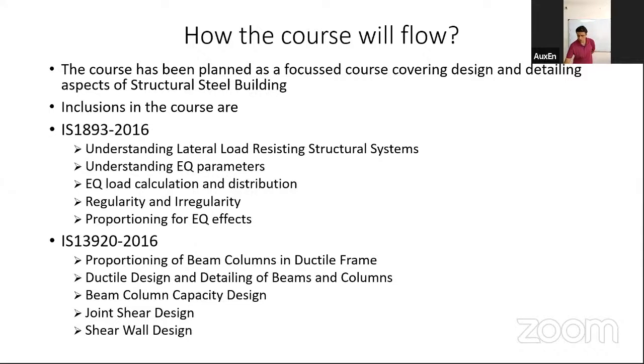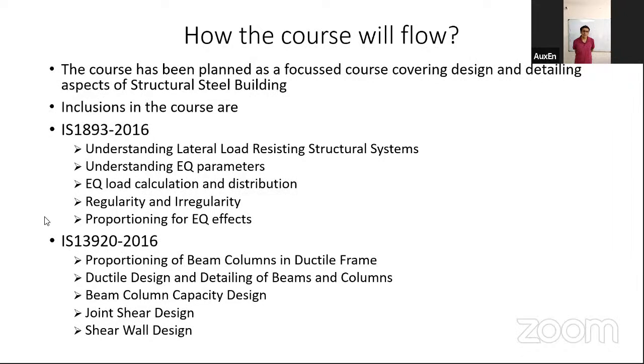Once you have your earthquake load calculated, and once you have your design actions in front of you due to these earthquake loads, then you move to what is called design and detailing for these earthquake loads. So the design and detailing code for earthquake loads is IS 13920. Okay, so that is ductile design and detailing.